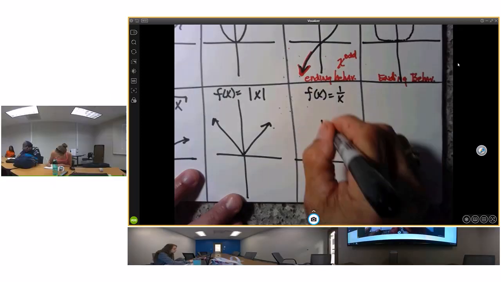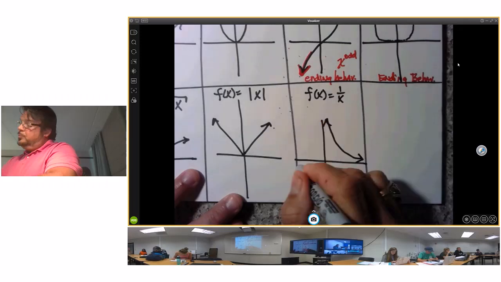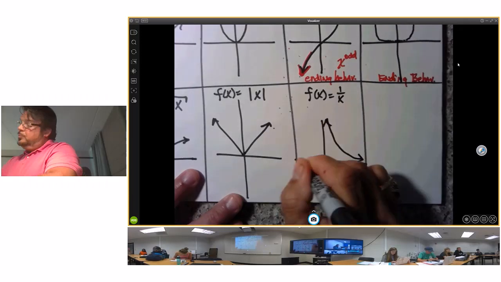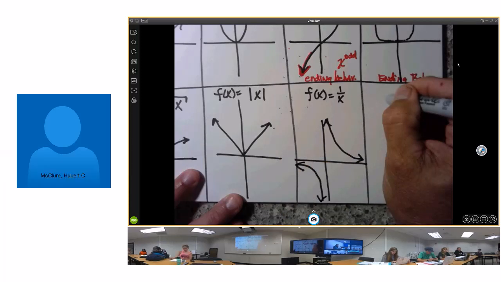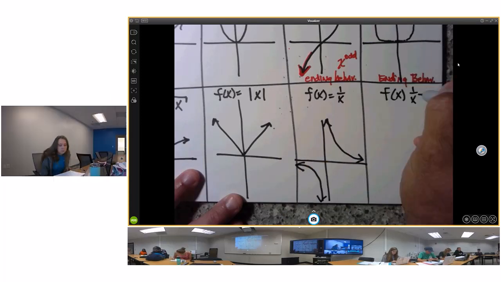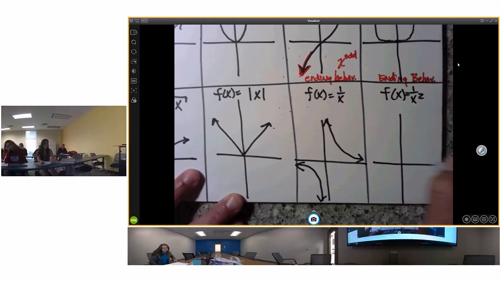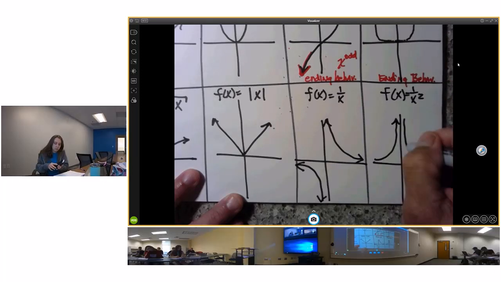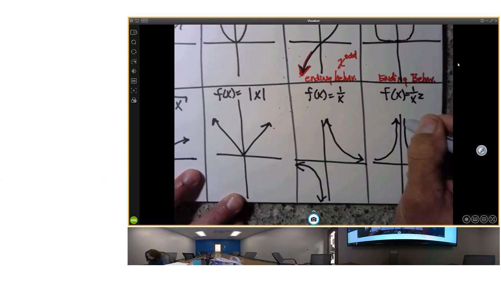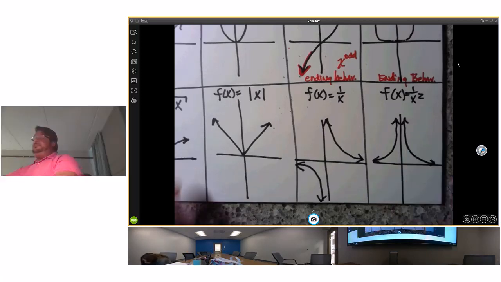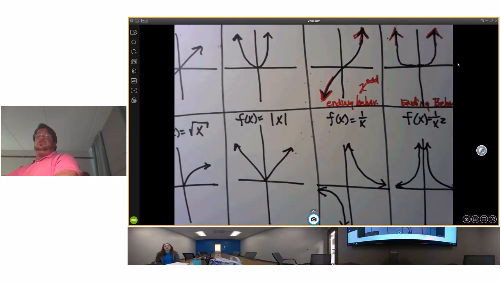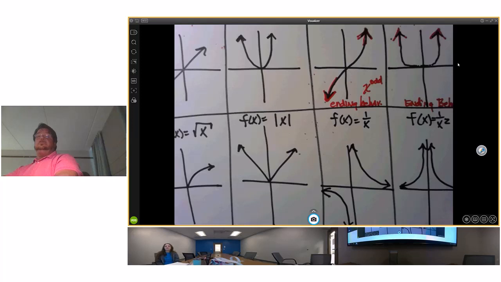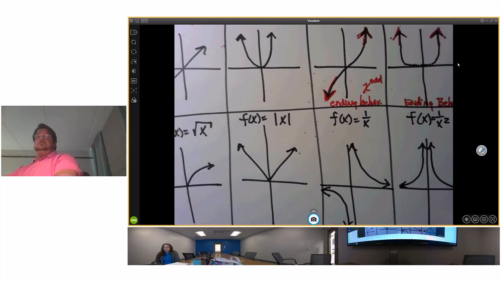So if that's half of a volcano, what does 1 over x squared look like? The whole volcano. And that's your parent graphs. I can't get them all on one page, I'm sorry. There we go, that's about as close as you can get. Comprende?